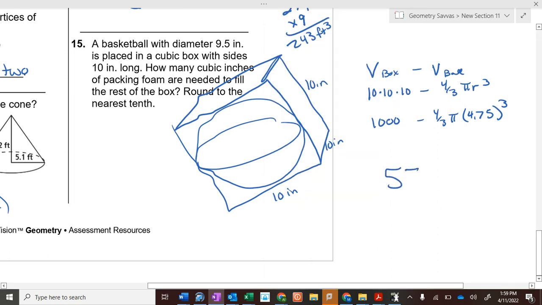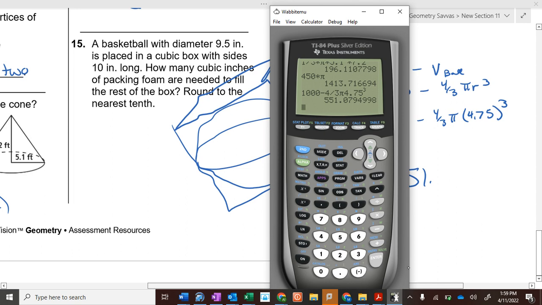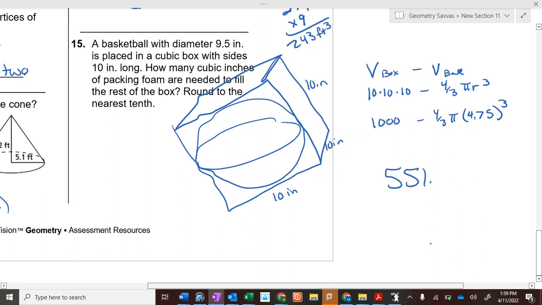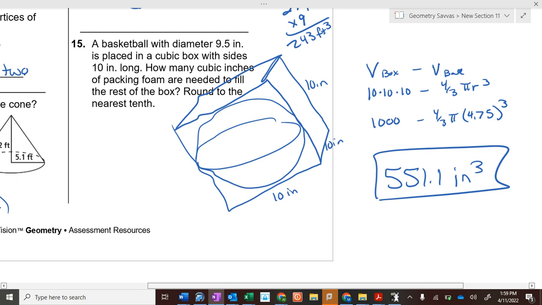You get 551.1 cubic inches of dead airspace. Yeah, but 10 inches by 10 inches by 10 inches, that's 1,000 cubic inches. So basically, it's half is dead space in there. All right.